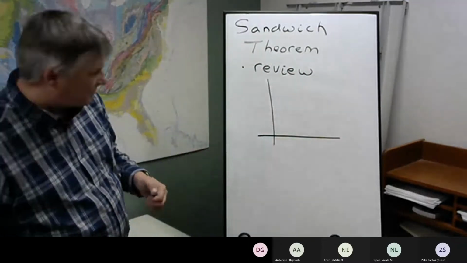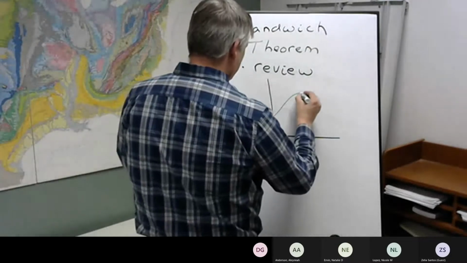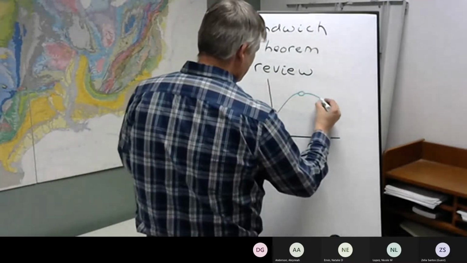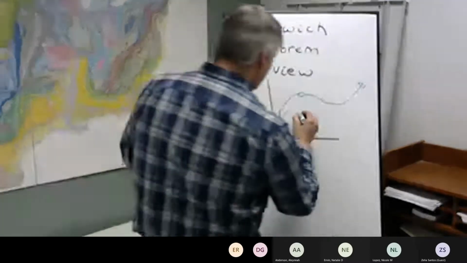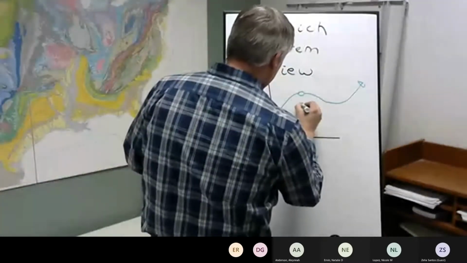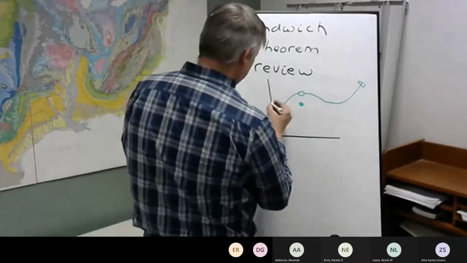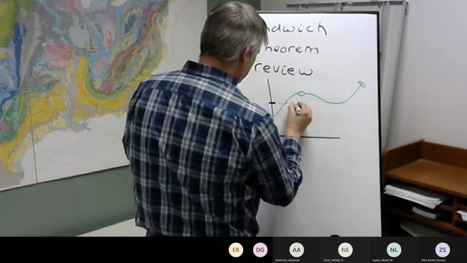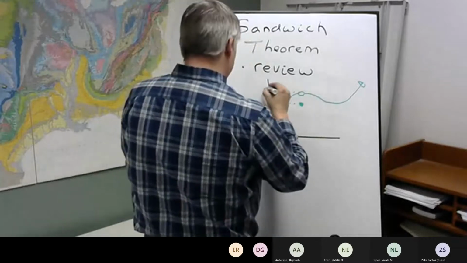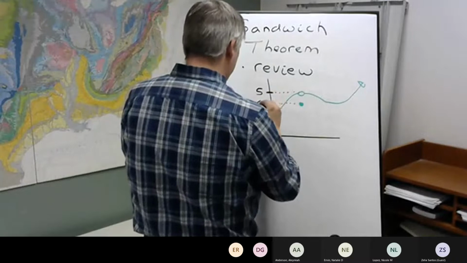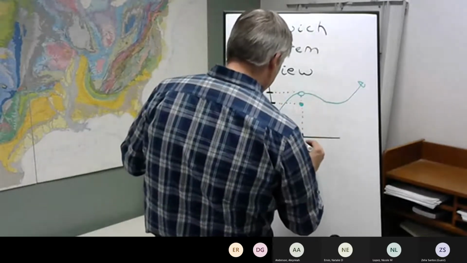So let's say we have something like this. Let's say this is 5 and this is 4, and we're at 3.